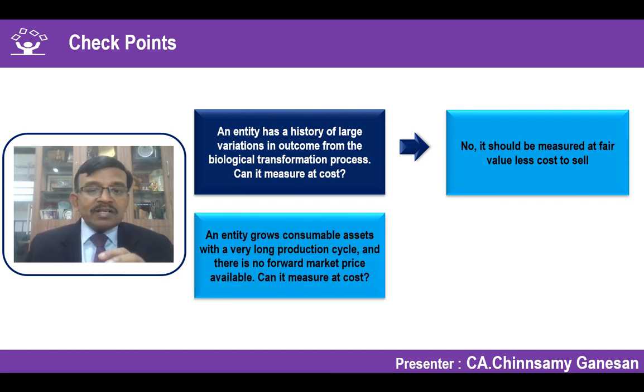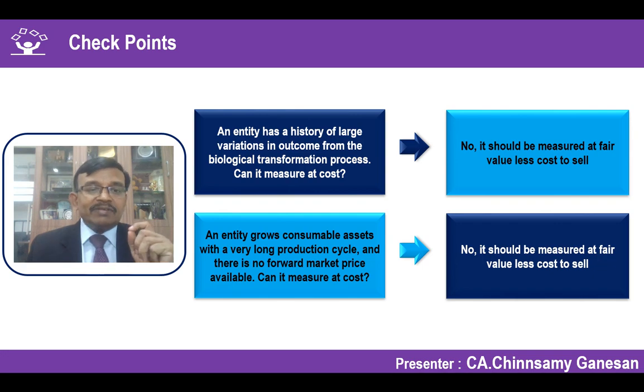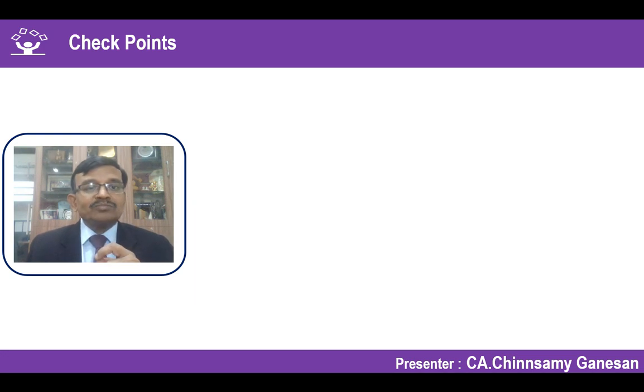An entity grows consumable assets with a very long production cycle, and there is no forward market price available. Can it measure at cost? No. There also you have to value at fair value less cost to sell. You have to determine the price based on a valuation technique. That is exactly what comes in this.